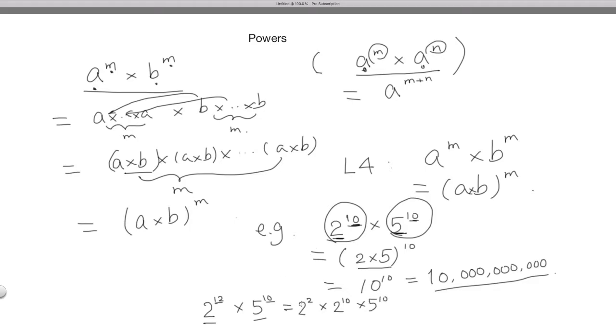So you're pulling some powers out from the bigger power. Now you do this part as in the previous example. This equals 4 times 10 to the power 10, which is 4 times 10 billion. That's another common trick you can use.